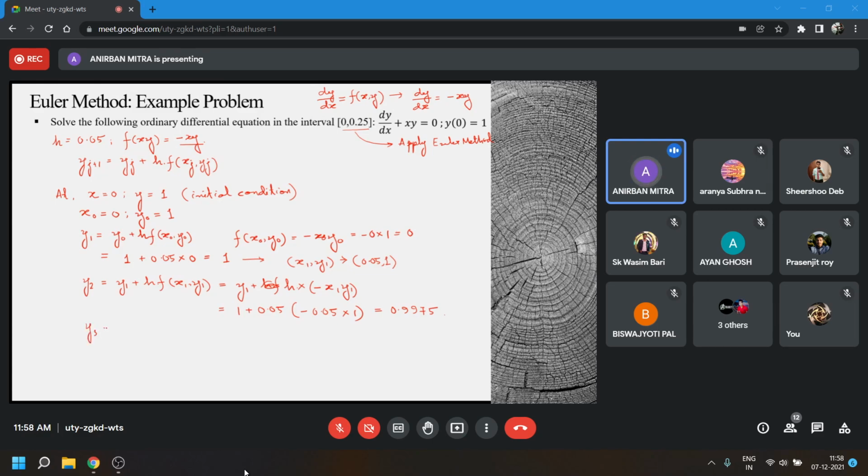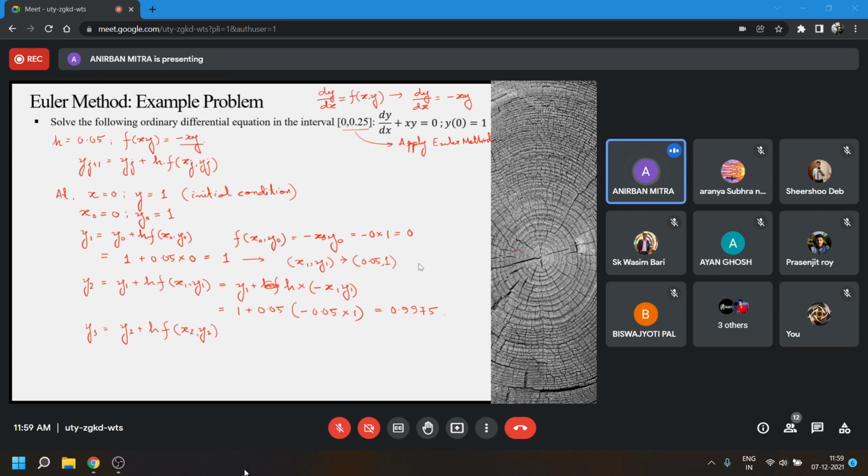Similarly, now we can go for y3, which will be y2 plus h into f of x2, y2. x2, y2 is already known from here. y2 is 0.9975.